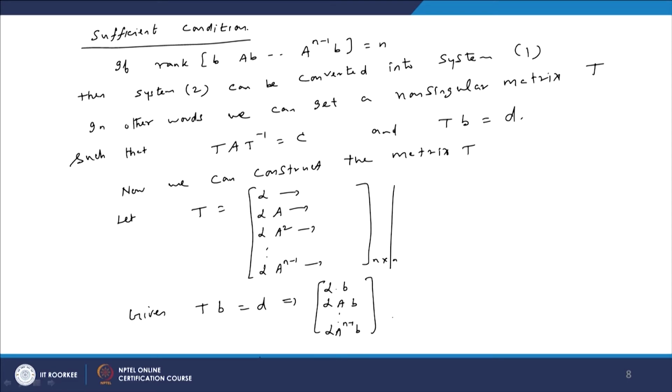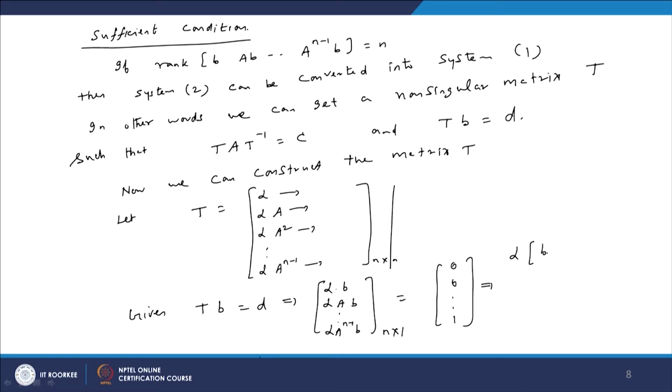So, it is an n cross 1 matrix, but this should be equal to 0 0 0 1 because it is equal to D. So, this implies alpha into B is 0, alpha into AB is 0 etc., and the last one is 1.